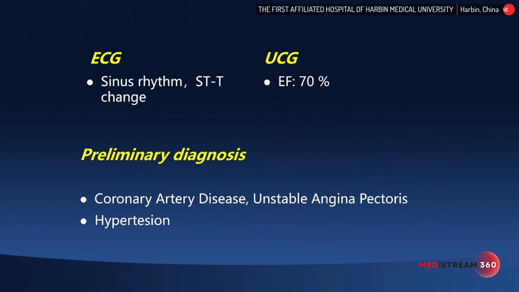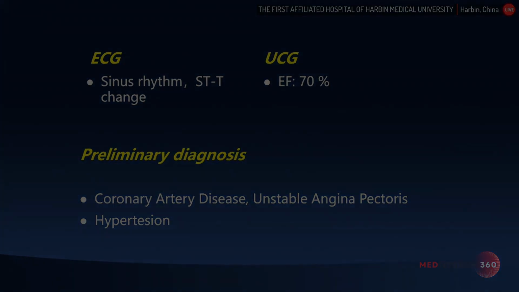ECG demonstrated sinus rhythm with ST segment depression from the anterior leads. Ultrasound indicated normal heart function and structure. So our preliminary diagnosis for the patient is coronary artery disease, unstable angina pectoris, and hypertension, etc.